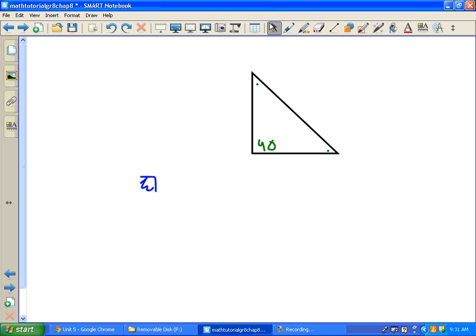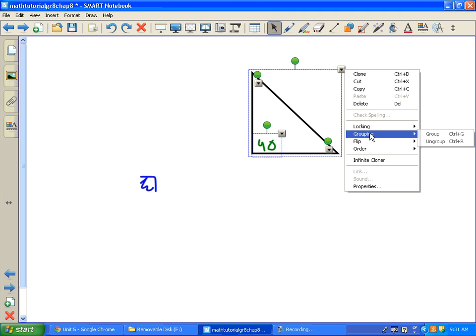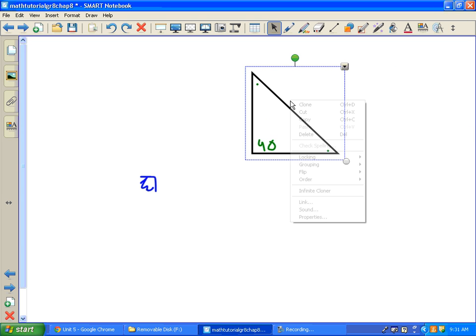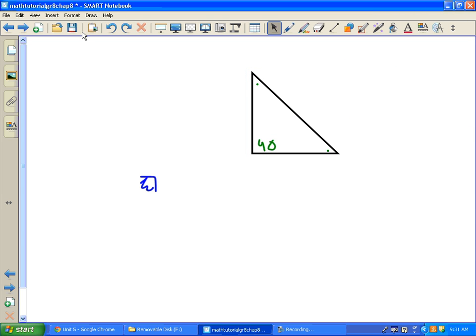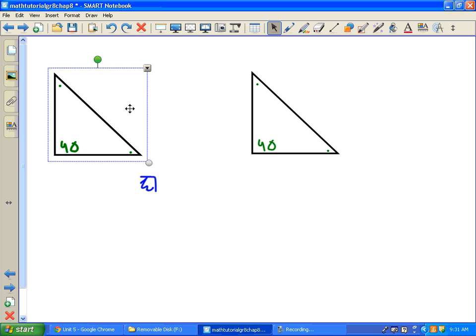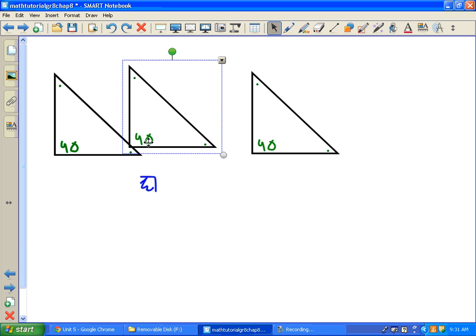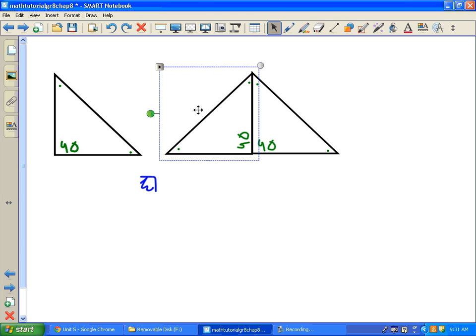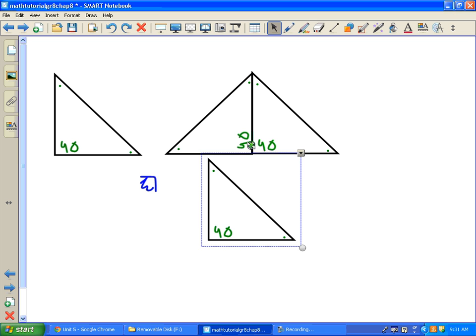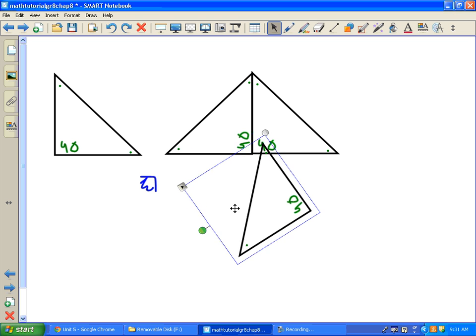But I'm going to take that and make a few extra copies. Okay, copy, and let's paste 3 more. So I'm going to take them, and I'm going to put these 90-degree angles together. So I'll put this one together, this one together, this one together, like that.